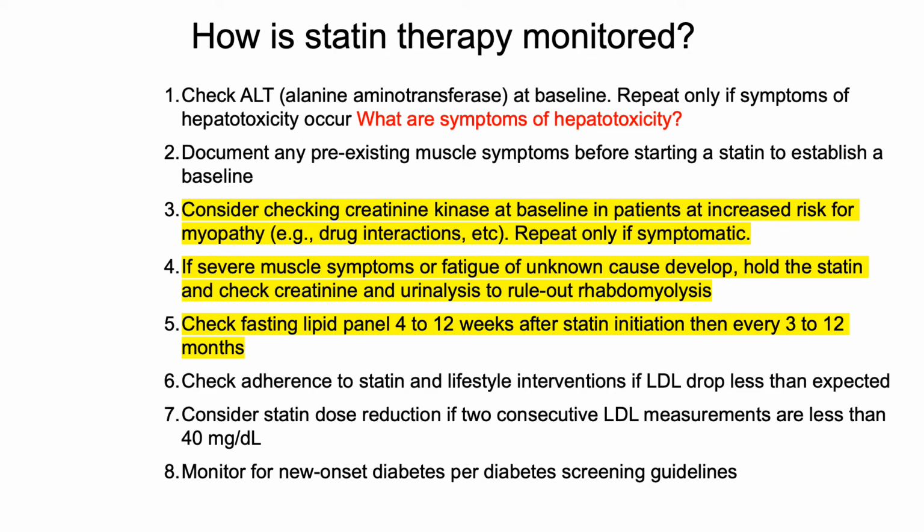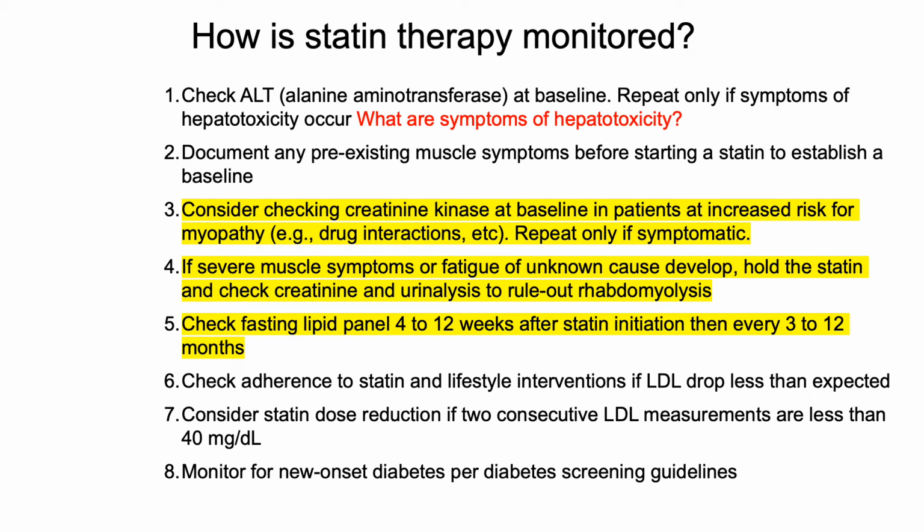So how is statin therapy monitored? You are to check the blood work at baseline, and then now you only repeat if the symptoms of hepatotoxicity occur. And so what are those symptoms? You need to look those up. You can do the ALT and the creatinine kinase if they're at increased risk for myopathy.